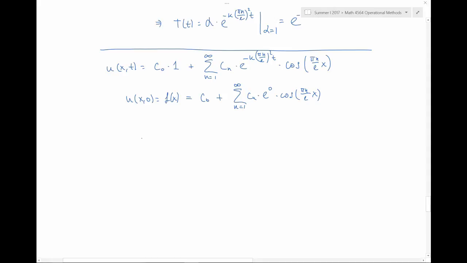Therefore, the coefficients c0 and cn are found this way. c0 is simply 1 over L, the integral from 0 to L of f(x) dx. And cn, for n greater than or equal to 1, is 2 over L, the integral from 0 to L of f(x) times cosine of pi n over L x dx.